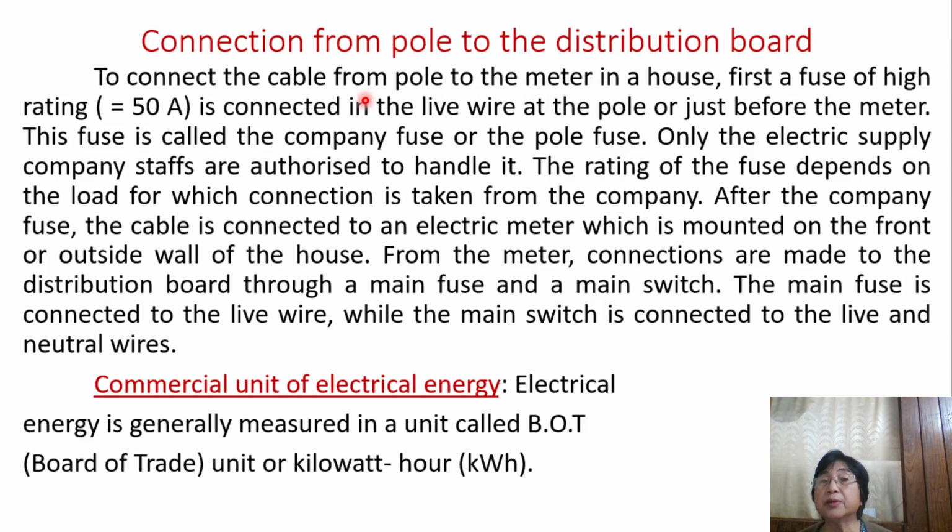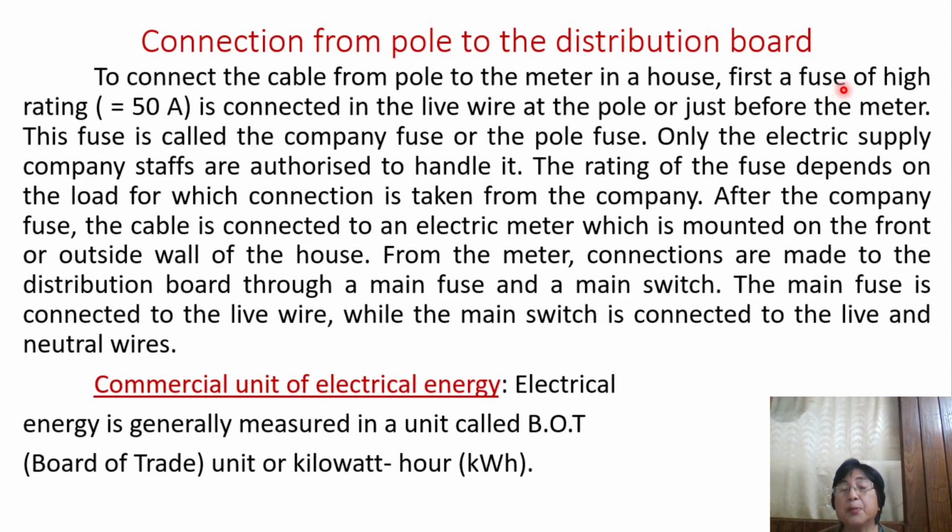Okay? To connect the cable from pole to the meter in a house, number one, first, a fuse of high rating equal to 50 ampere is connected in the live wire at the pole or just before the meter. Very important, okay? A fuse.